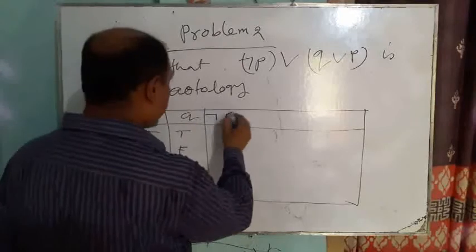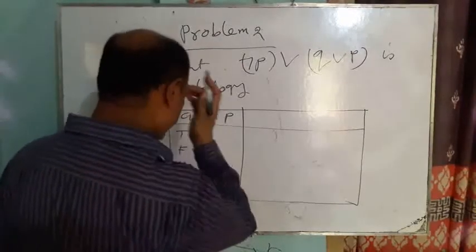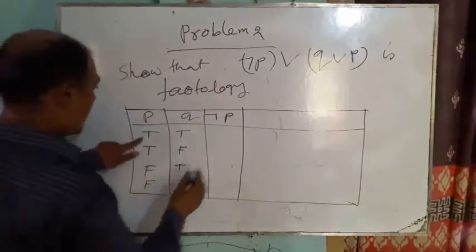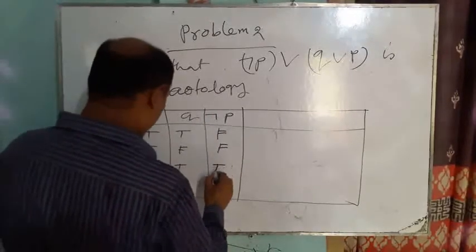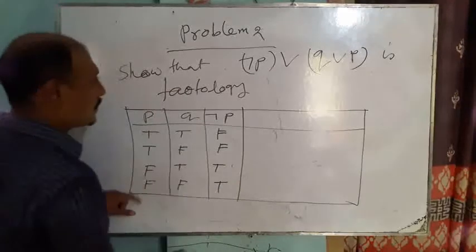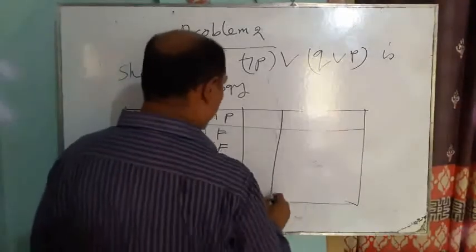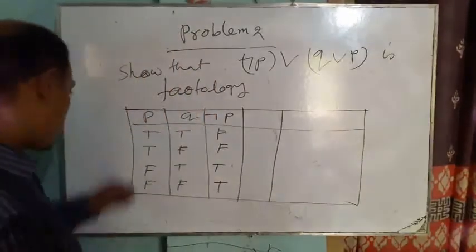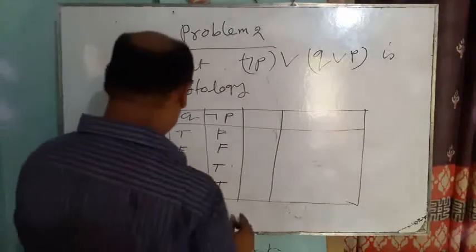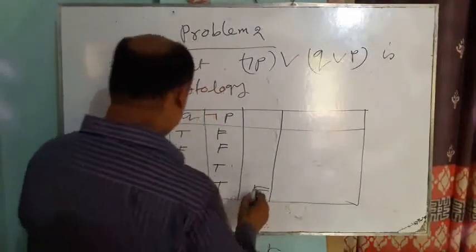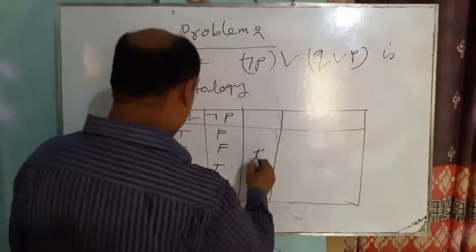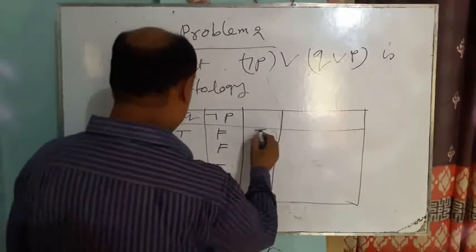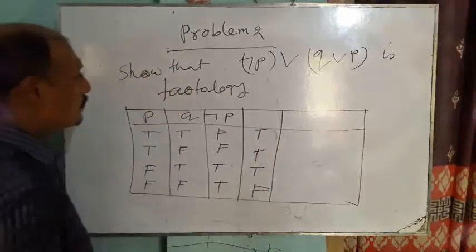Negative P: false, false, true, true. Q disjunction P: true, true, true, false.